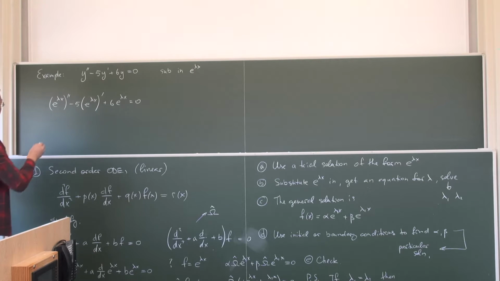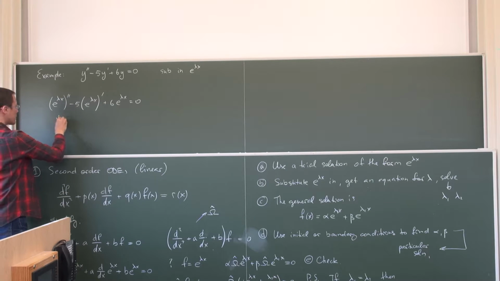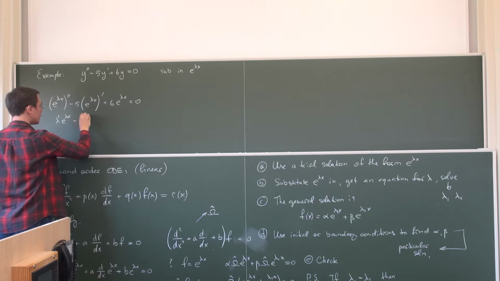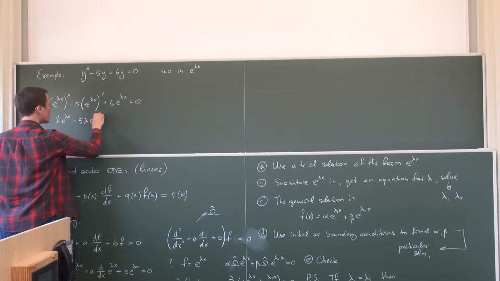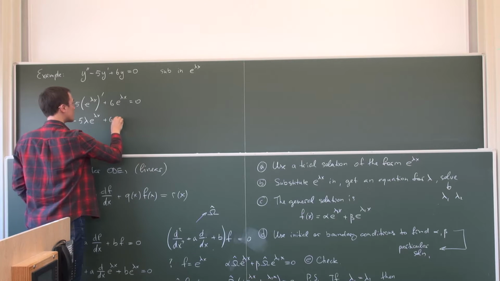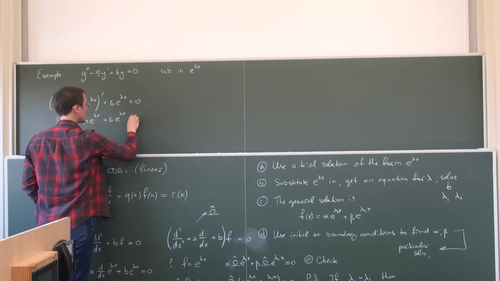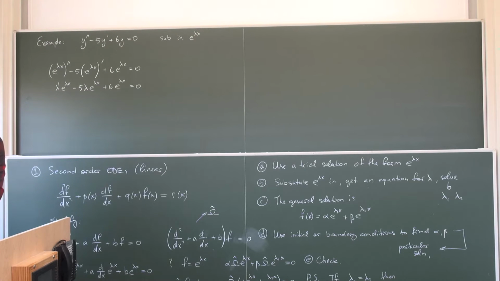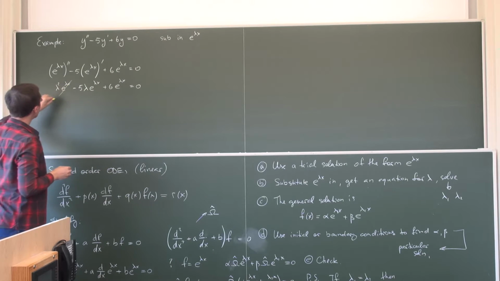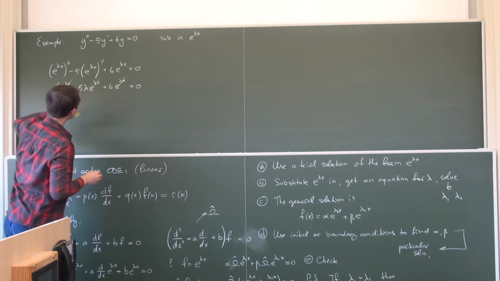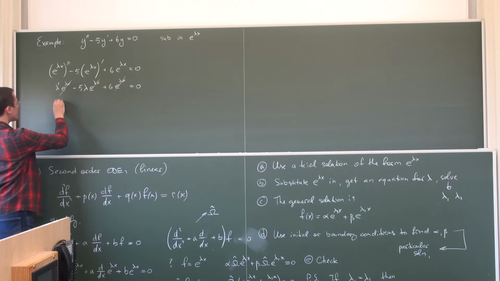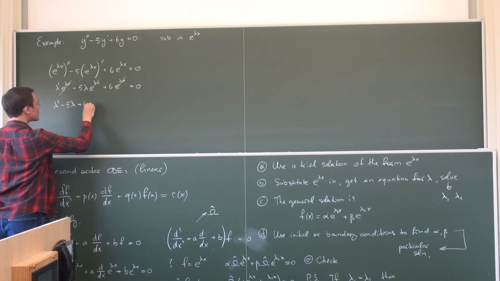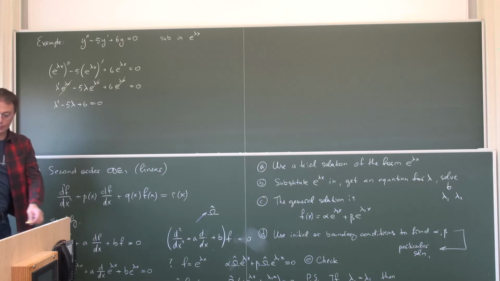Taking the second derivative there, lambda squared e^(lambda x) minus 5 lambda e^(lambda x) plus 6 e^(lambda x) is 0. Cancelling the exponential because it never goes to 0: lambda squared minus 5 lambda plus 6 equals 0.